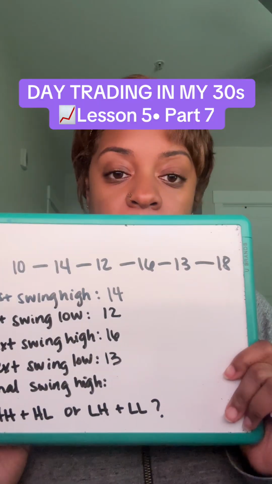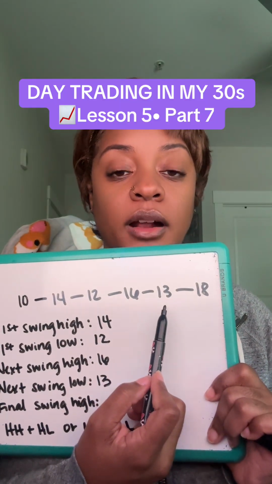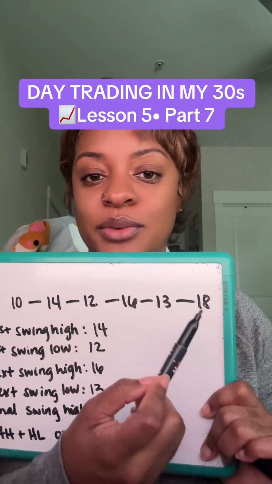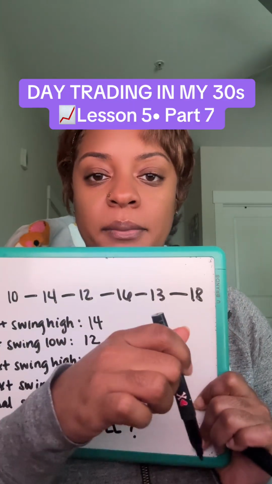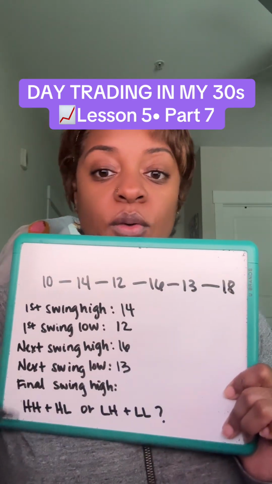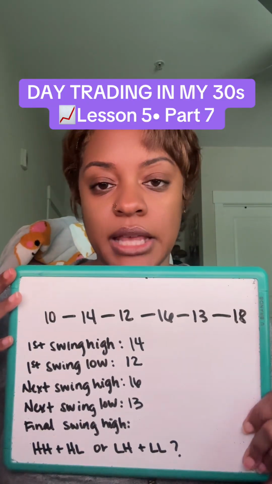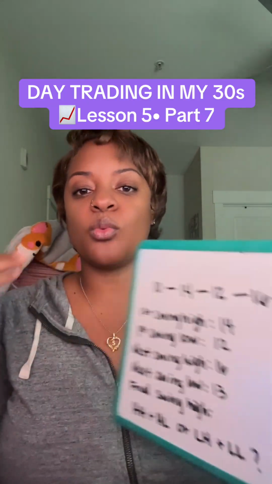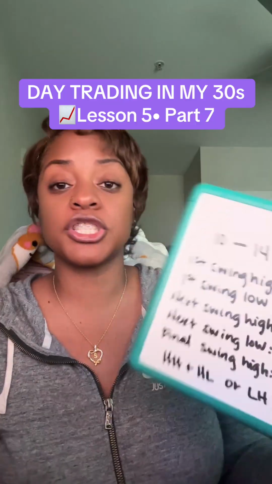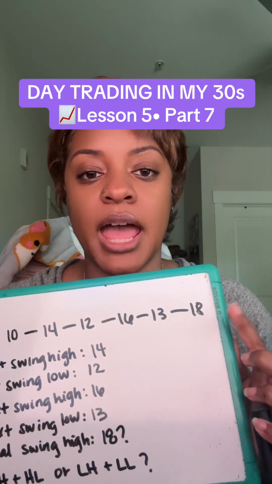The final swing high, we would like to say that it was 18, because from 13 we shot back up to 18, but we don't know if that was where it was turning. We don't know if it started going back down or if it kept going up to 19, 21, or what. So in this example, just because I want to make it easy, we'll say that the final swing high is 18, but I'm going to put a question mark there because we got to see what happens after 18.